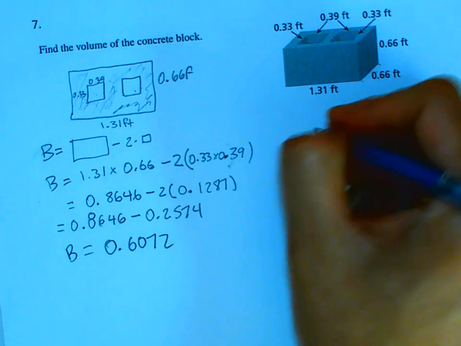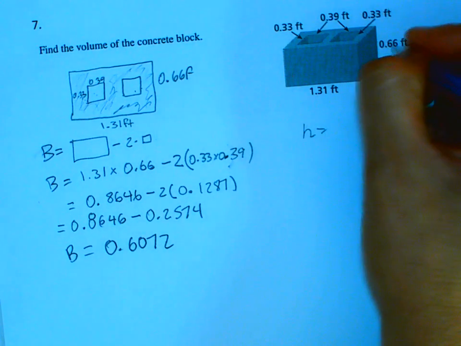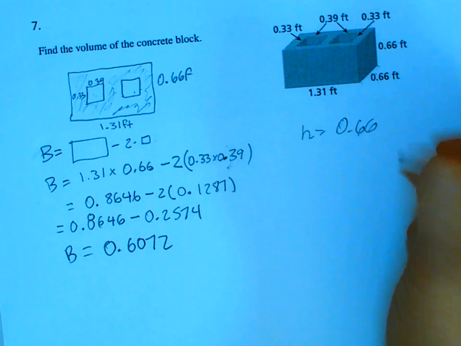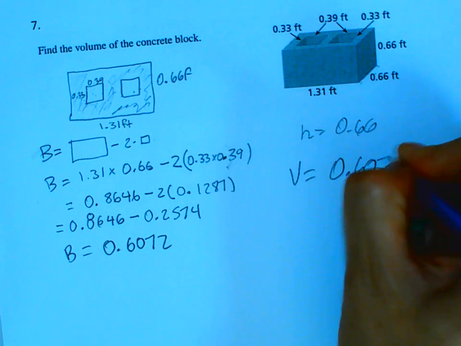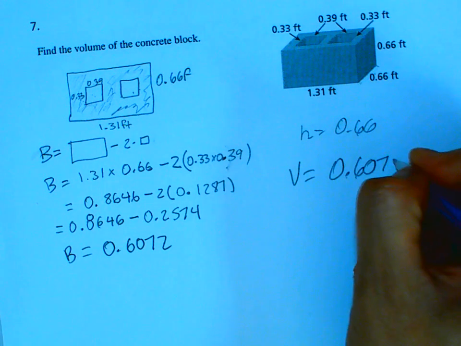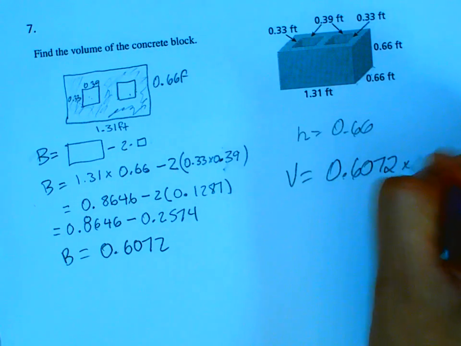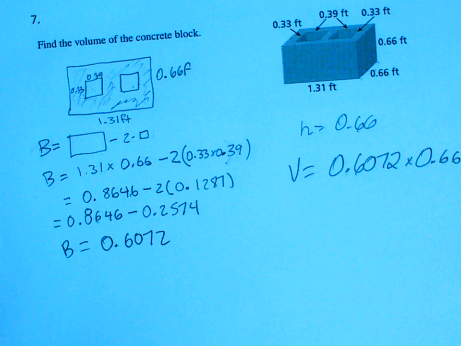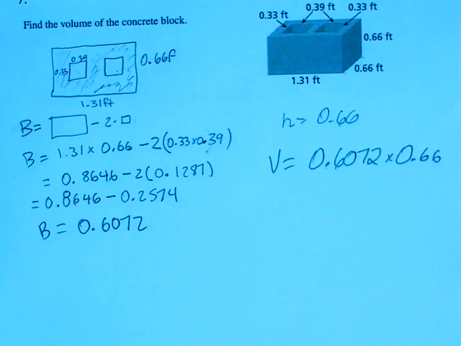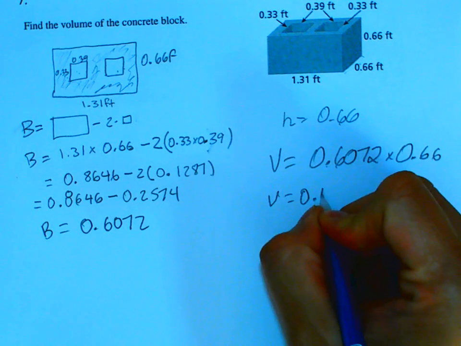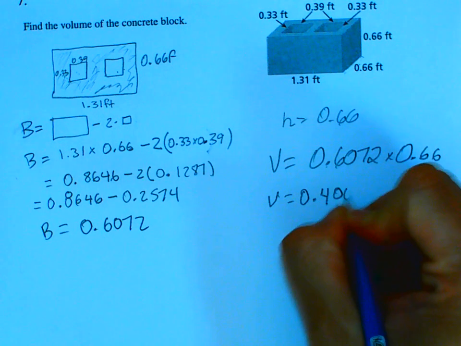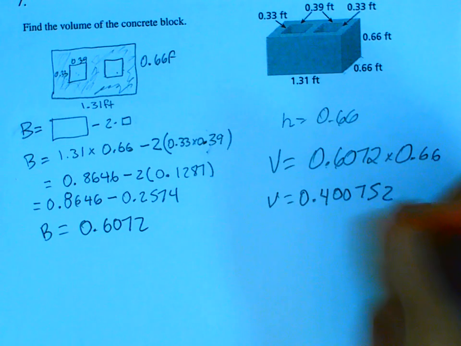So now the height of that prism, in this case, is 0.66. So to find the volume, I have to multiply 0.6072 and 0.66. Okay, so times 0.66, I get the volume to be about 0.400752.